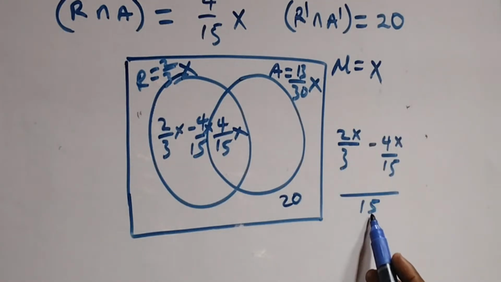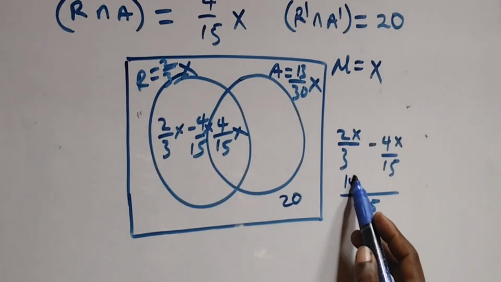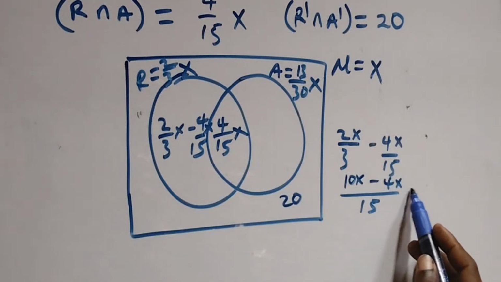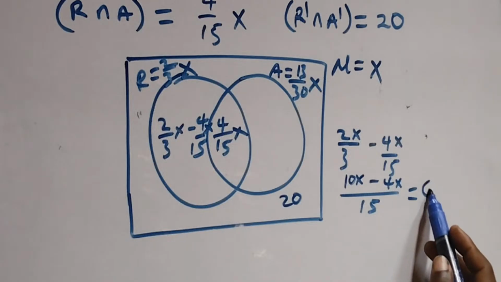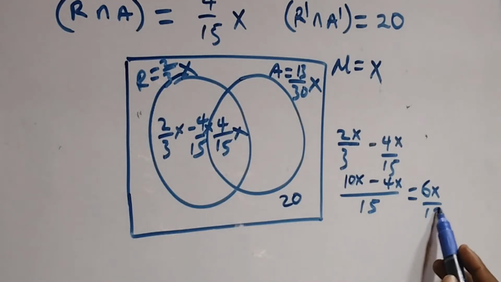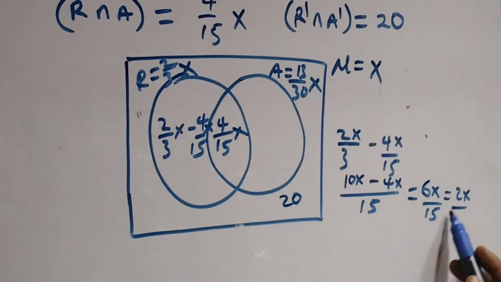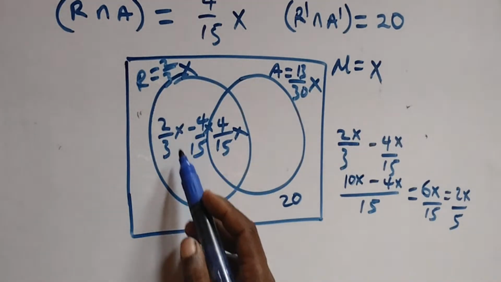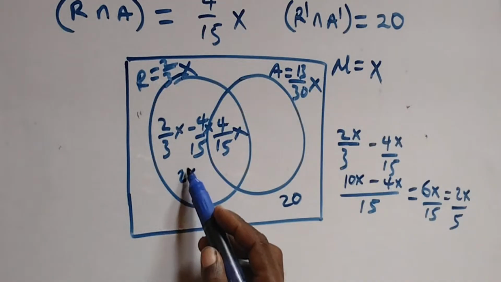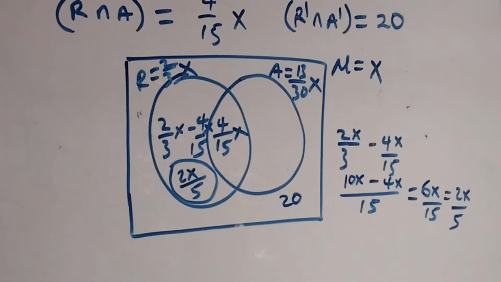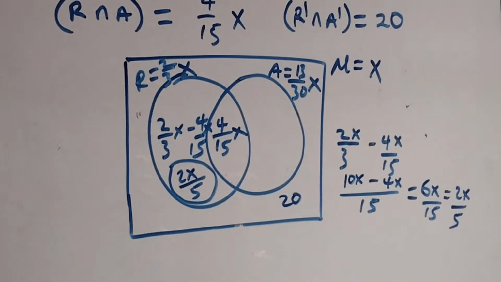So 3 goes into 15, 5 times 2x, 10x, minus 1 times 4x, 4x. 10x minus 4x, that's 6x over 15. 3 goes into 6, that's 2, and 3 goes into 15, 5, that's 2x over 5. So everything here is simply 2x over 5. So note this, that's road only.